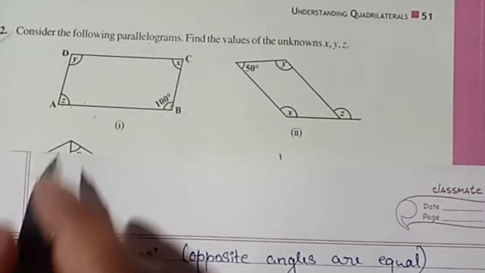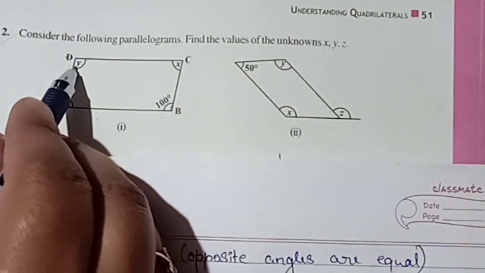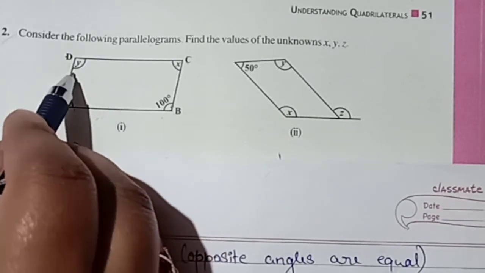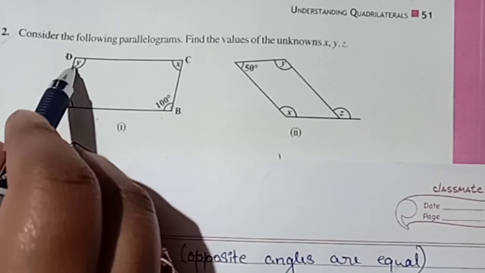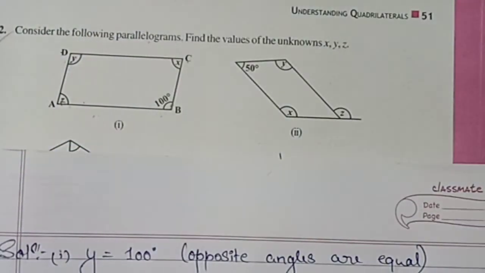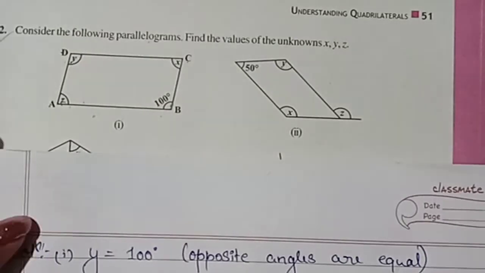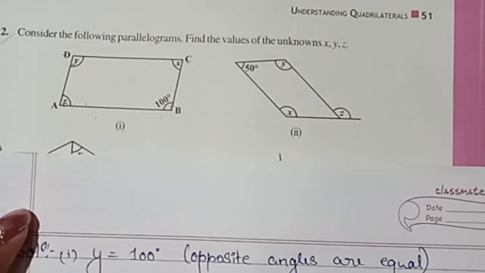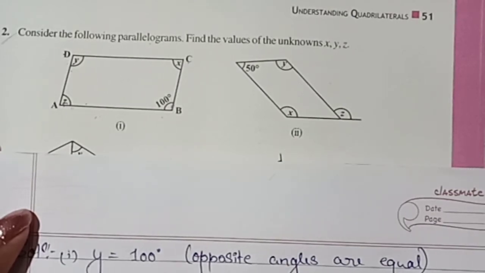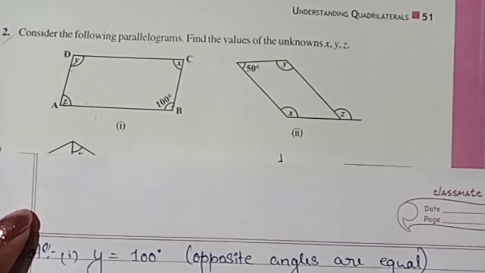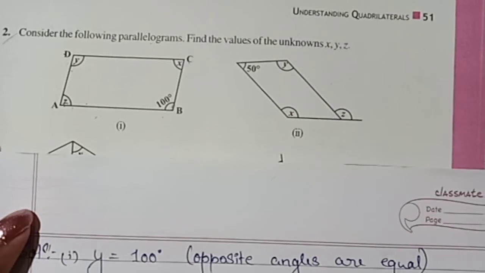Next, angle Z and Y we can find now. Why? Adjacent angles are supplementary. Z plus Y is equal to 180 degree, since adjacent angles are supplementary.